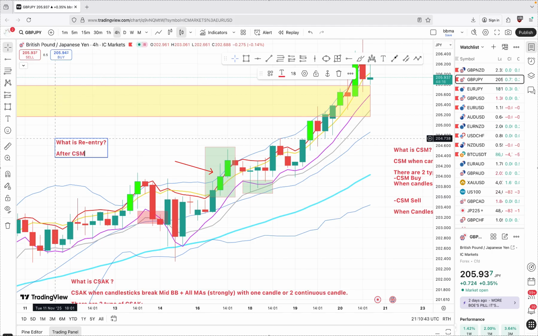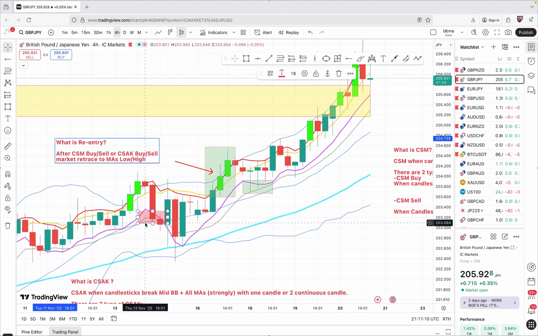After CSM buy or sell, or CSAK buy or sell, the market retraces to the MAs, low or high.